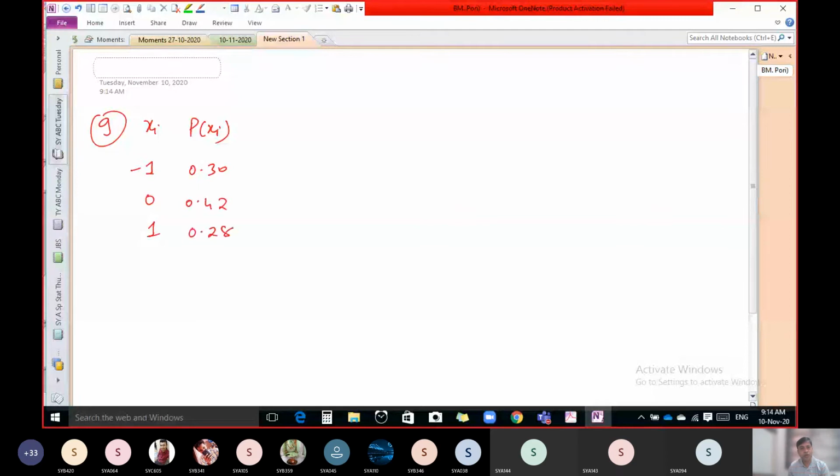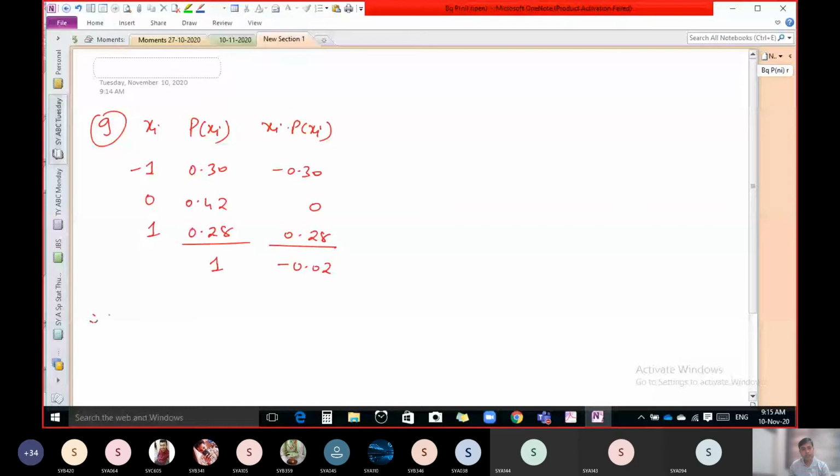Because it's a probability distribution, the total should be 1. Now multiply xi with fi. Instead of fi, probability is given. So this into this is minus 0.30, this into this is 0, and this into this is 0.28. Total of that is minus 0.02.